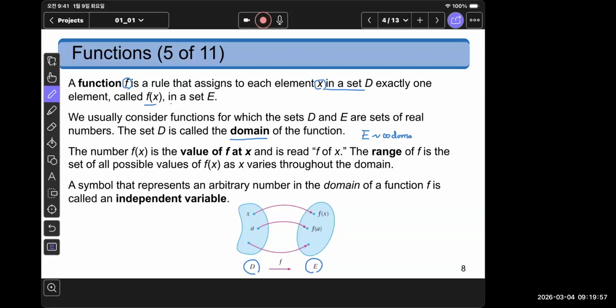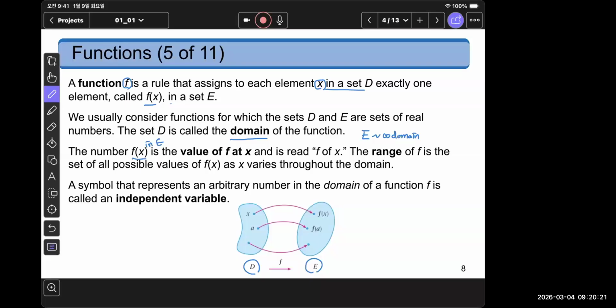Now, within this codomain E, some elements are mapped by some elements in D. So the number f of x in E is called the value of f at x.